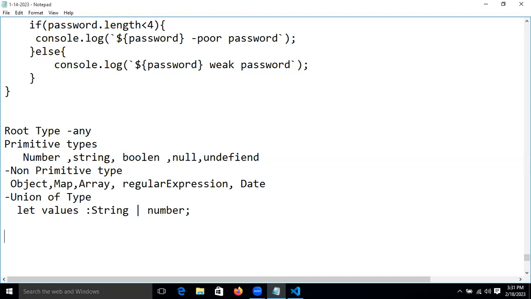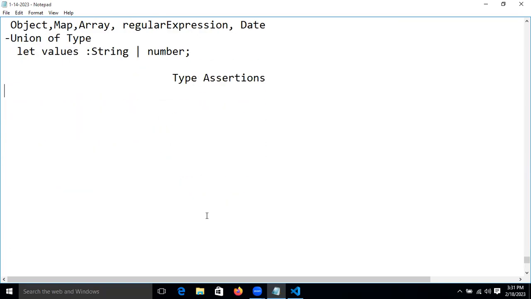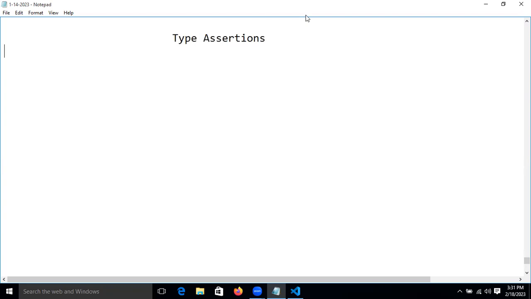Type assertion. What is type assertion and when are we using it in TypeScript, guys? I hope people know about typecasting in other languages, right?